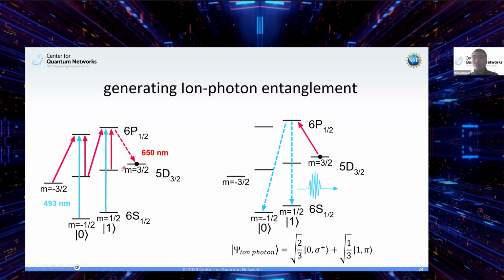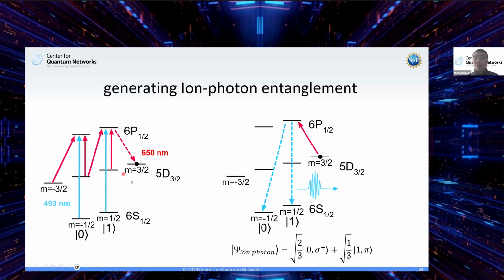So that is actually the first step of generating ion photon entanglement, because we want to shelve it away somewhere where we can then excite it and track where the photon is coming out of.